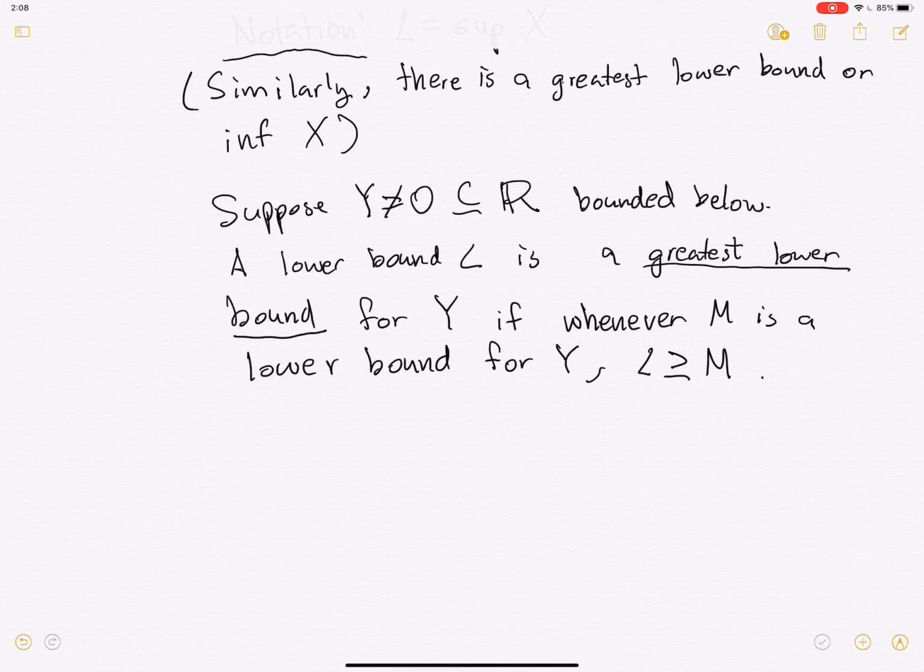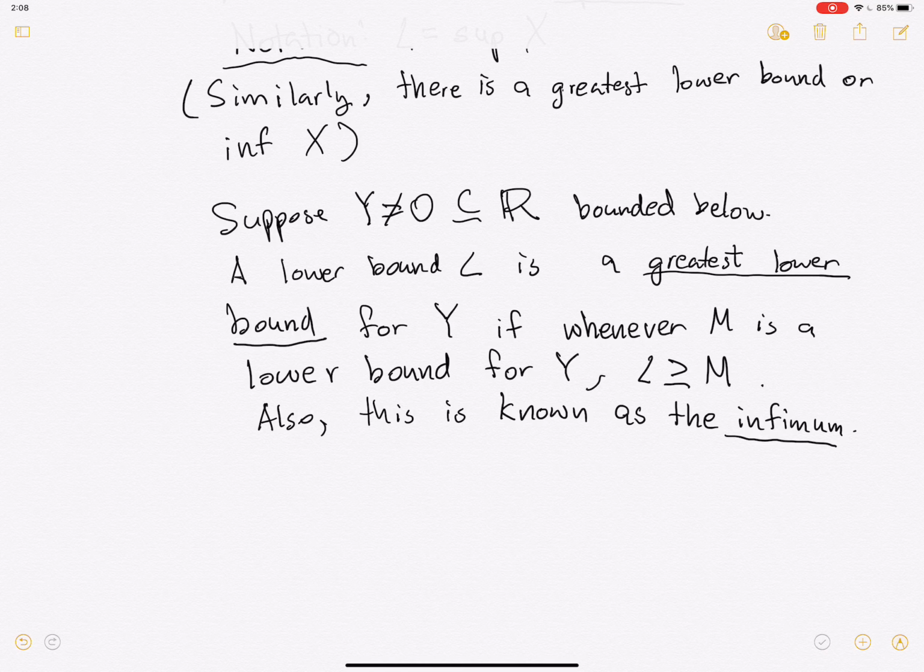And also, this is known as the infimum. The notation uses the word inf for these, but I think it's more evocative to think of it using the other word, greatest lower bound.